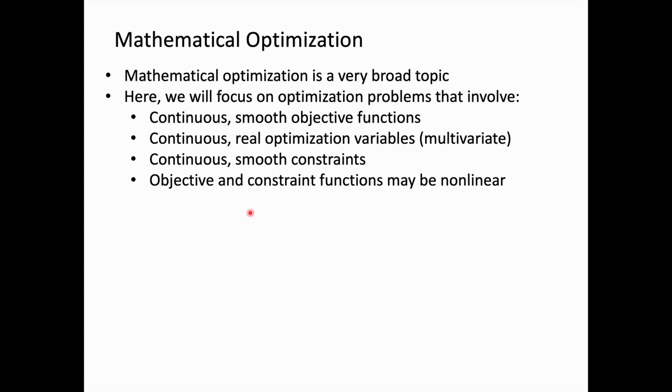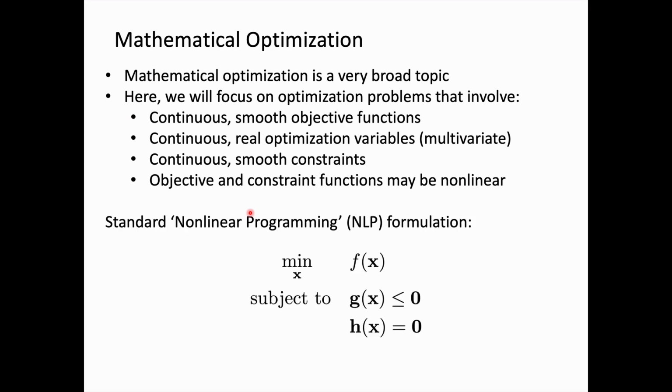Objective and constraint functions in general may be nonlinear, as opposed to just a linear function that would look like a straight line if we are looking at a plot of it. And if we combine all of these things together, it forms what we call a nonlinear program.